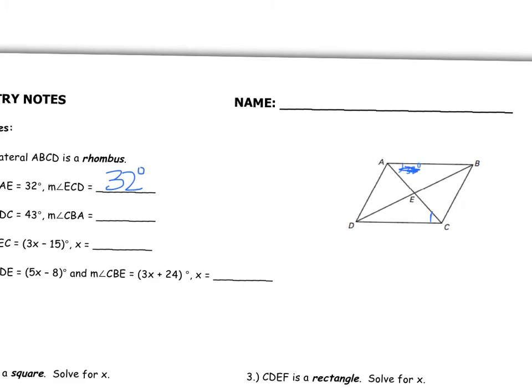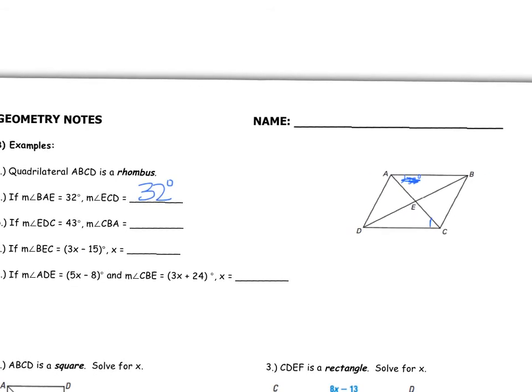All right, next one says that the measure of angle EDC, so that's right here, is 43. Find the measure of angle CBA. CBA is this entire angle. So same type of thing, the diagonals bisect the angles.